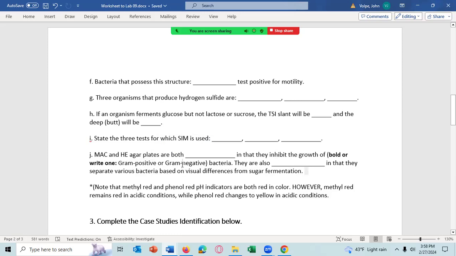Any questions about that? And then the third part, so that's J1, J2, and J3. They are also what? In that they separate various bacteria based on visual differences from sugar fermentation. All right, any question about any of that?